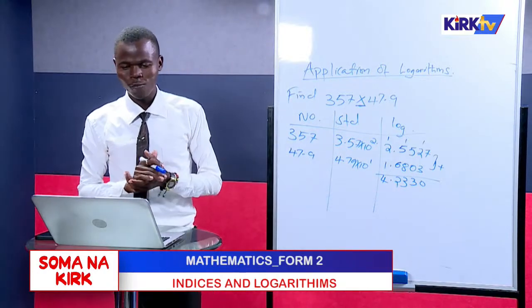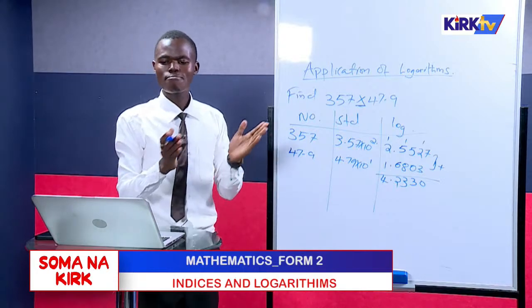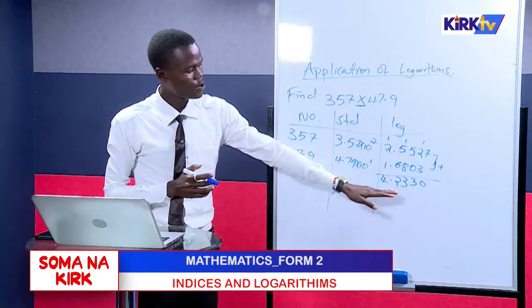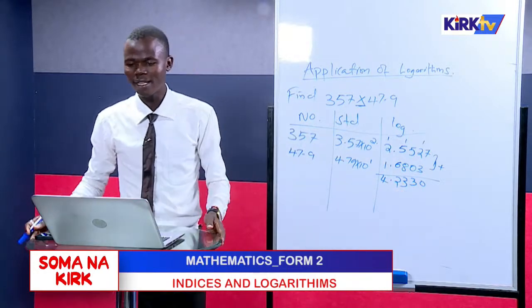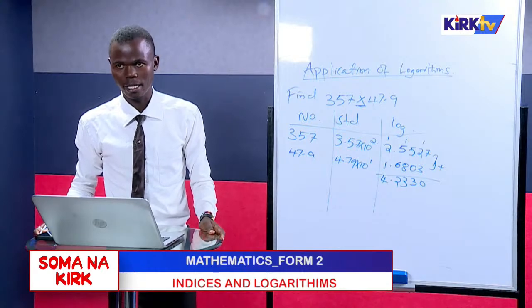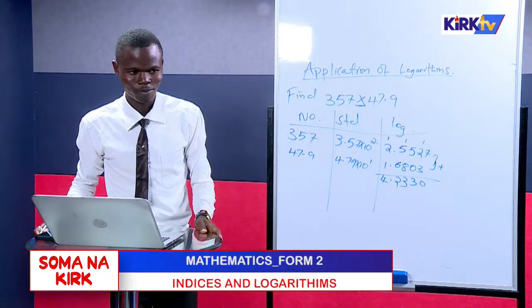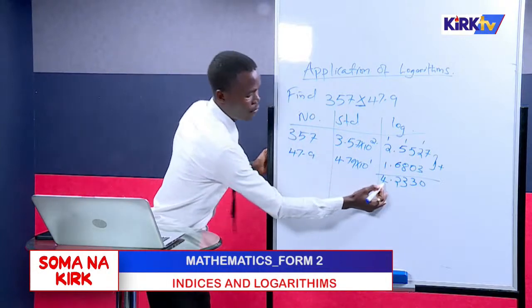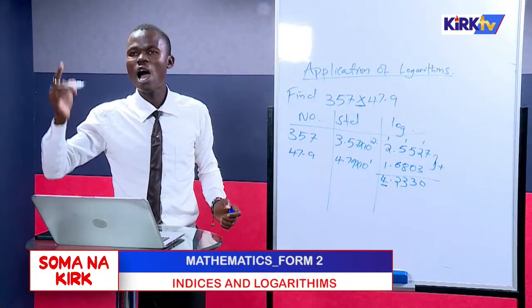Now, from there, we will come back. Instead of finding the logarithm of this, we find the anti-logarithm. Remember, the number 4, which is before the decimal point, on the left hand side, is the power.